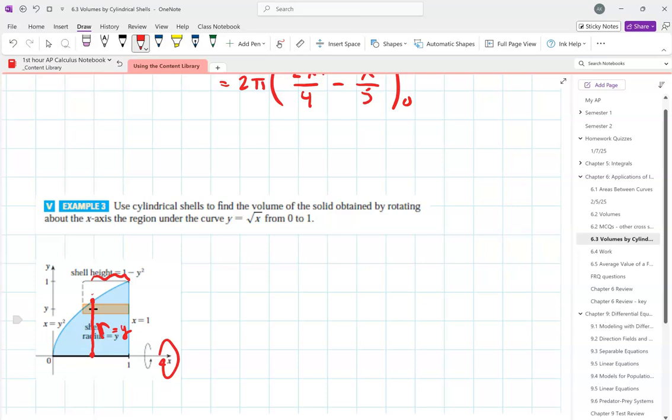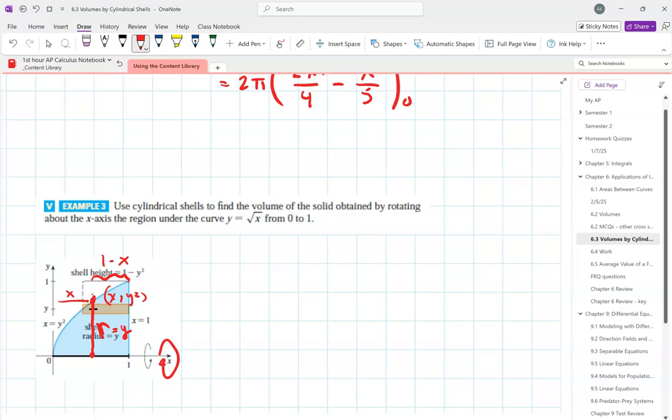So again, it's from the solid part forward. So I know all the points on here are x comma y squared. So this distance is x, so this distance must be 1 minus x.